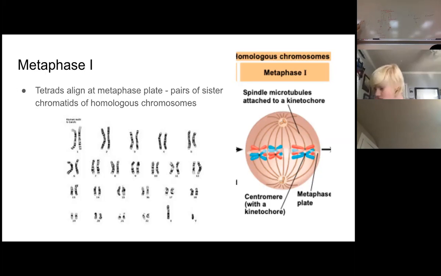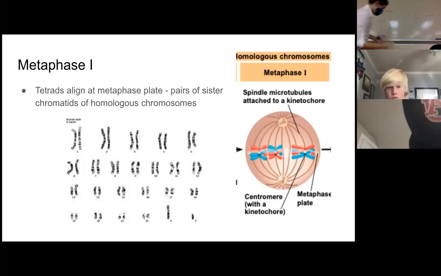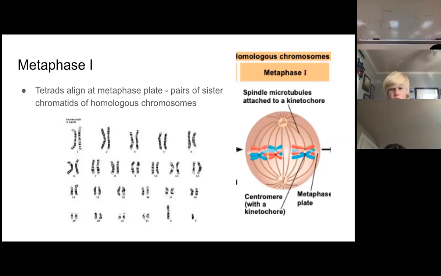Our blue one. And our purple one. Okay, so every single pair of sister chromatids was lined up in the middle in metaphase. In meiosis, it doesn't do that because you don't get a copy of every single one of these. You only get half of it. So this was mitosis metaphase.